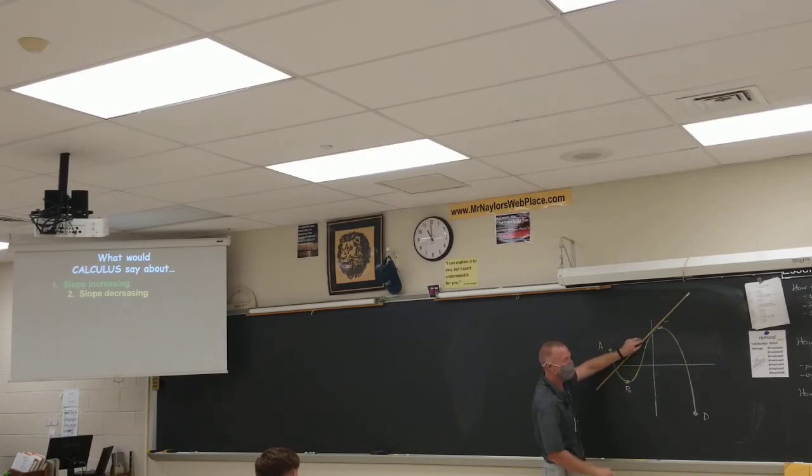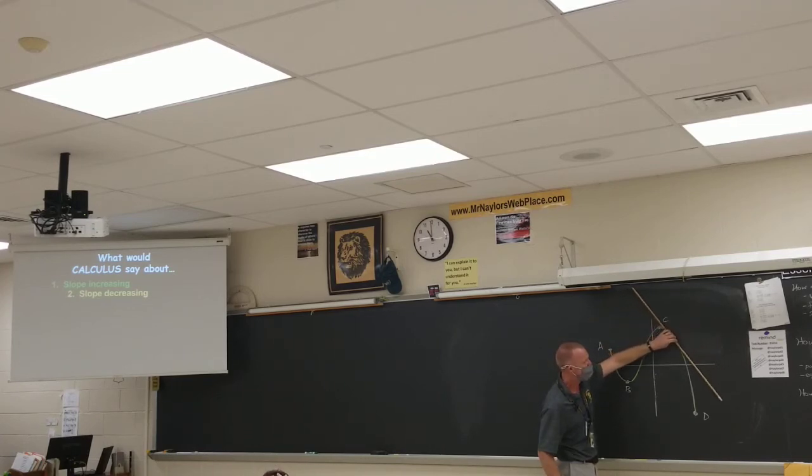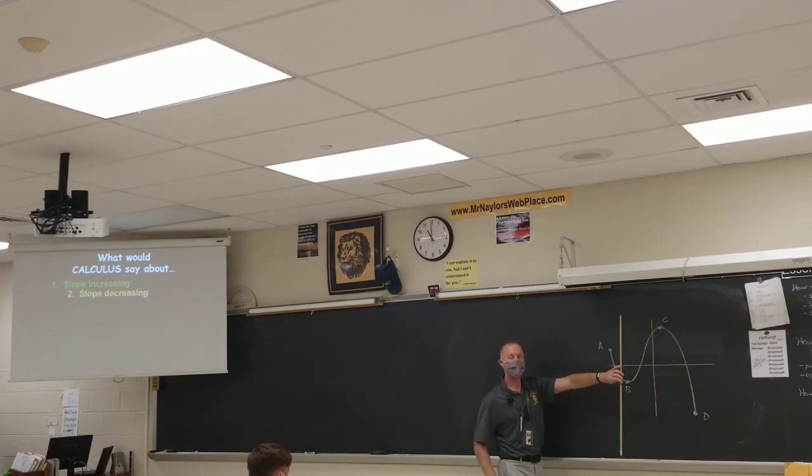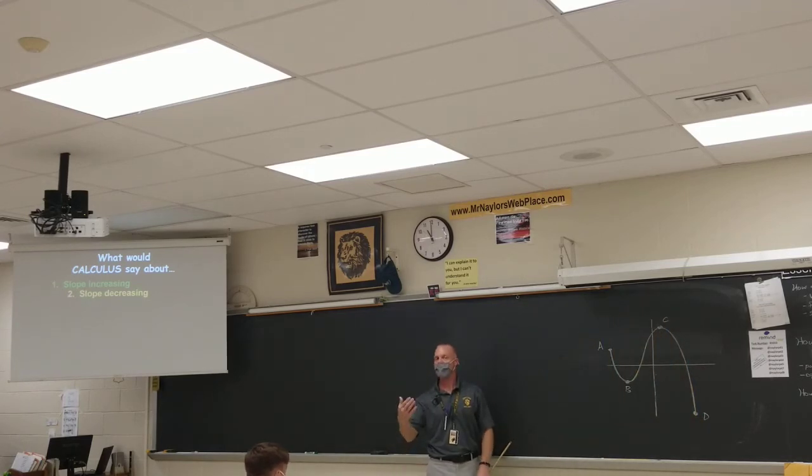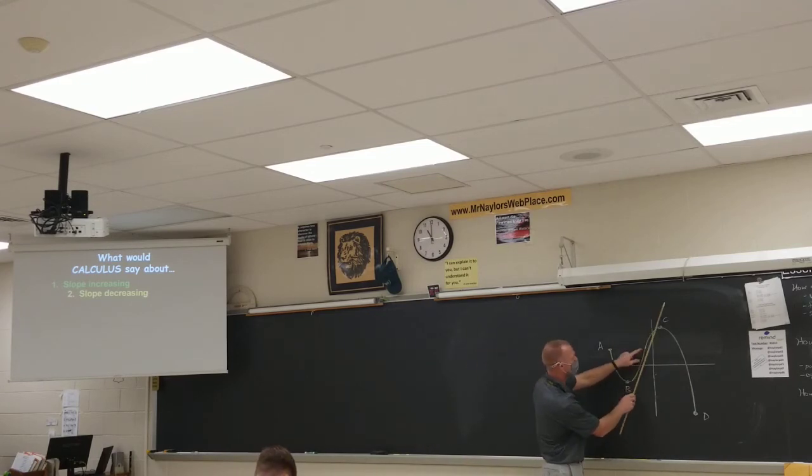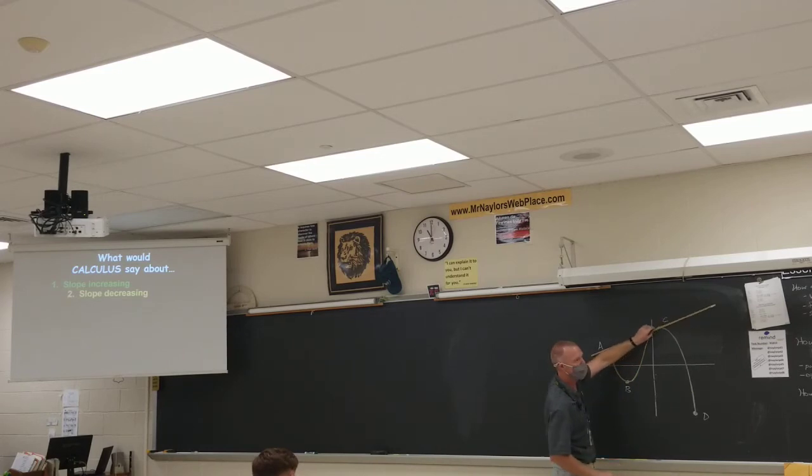As I move along, though, the slope is less positive. There actually is a point where the slope is 0, but as I keep moving along this interval, what's happening to my slope? Well, it keeps decreasing. It keeps becoming more negative. So everywhere from this point all the way to the end of the yellow interval, my slope is decreasing.